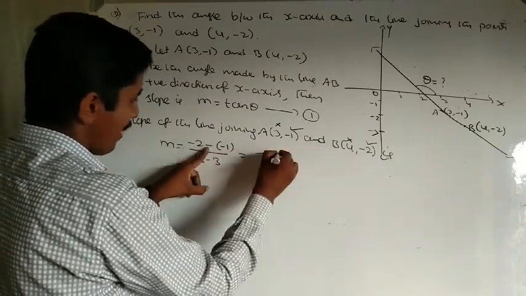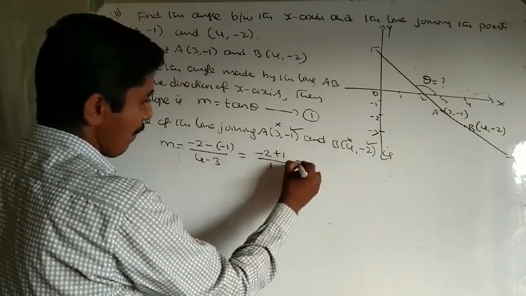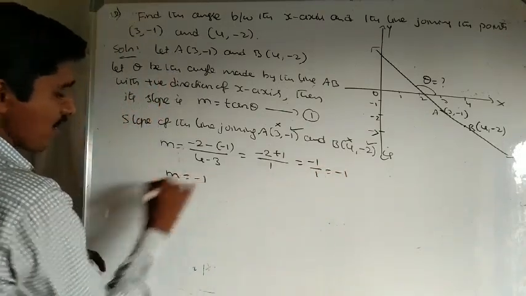Minus 2 plus 1, that is minus 1, divided by 1, equal to minus 1. Clearly m equal to minus 1.